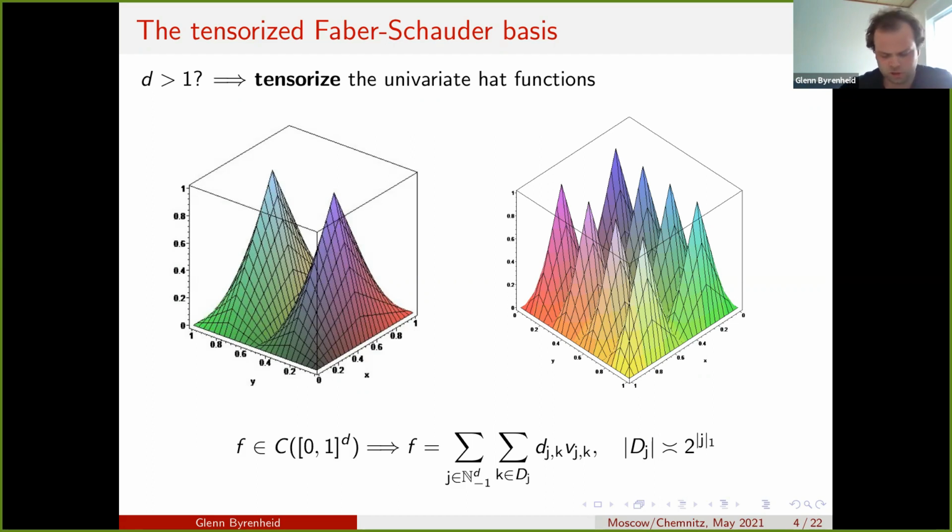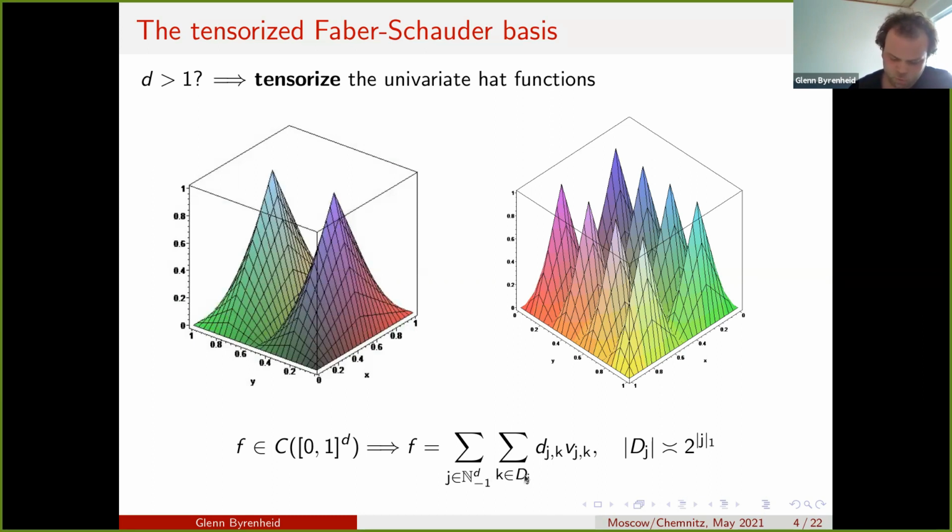For this construction, one can easily show that the result of Faber from 1908 extends to the d-variate case. So every function f belonging to the class of d-dimensional continuous functions can be expanded by such a series with convergence in L infinity, in this case with conditional convergence.